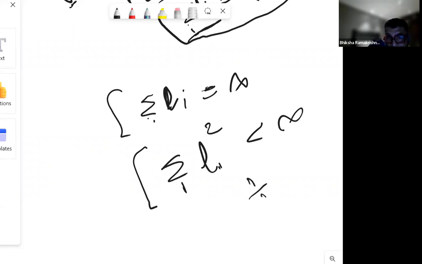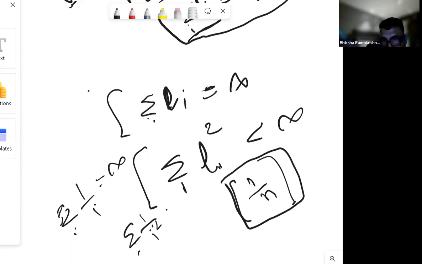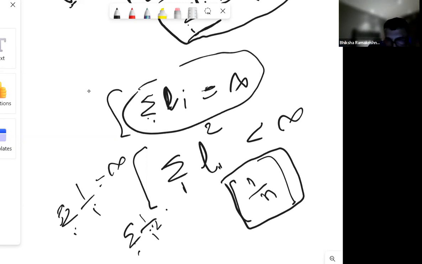Is 1 over n summable? The summation over i of 1 over i is infinite. On the other hand, the summation over i of 1 over i squared is finite. So anything that's slower than 1 over n is not going to be infinite. It's not going to satisfy this property.